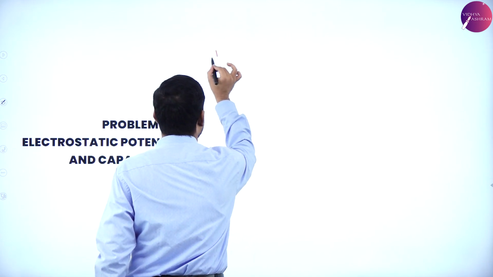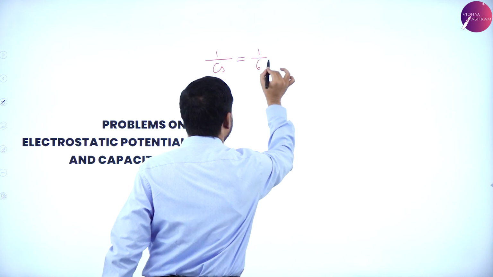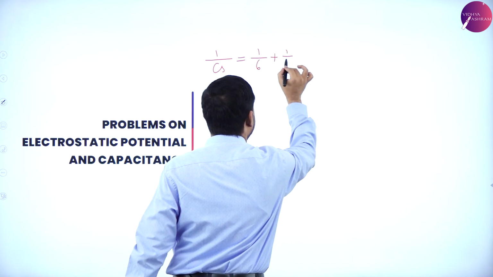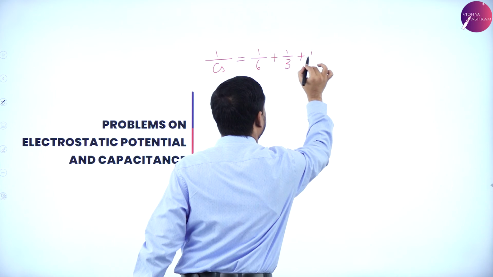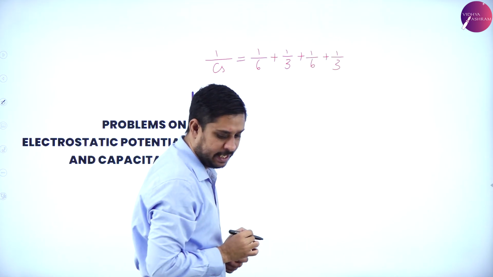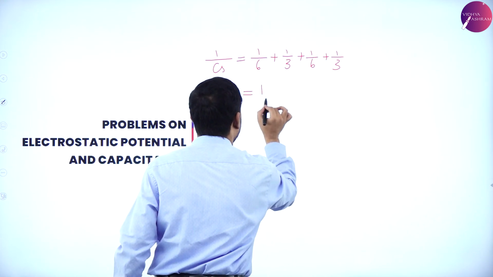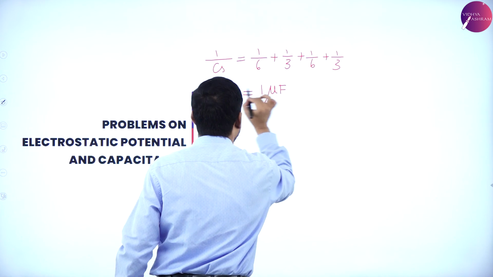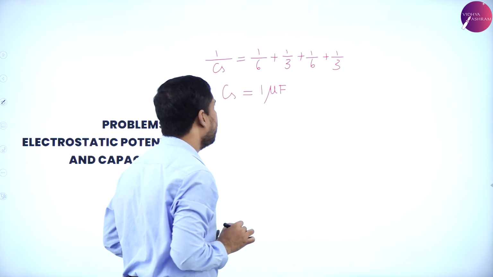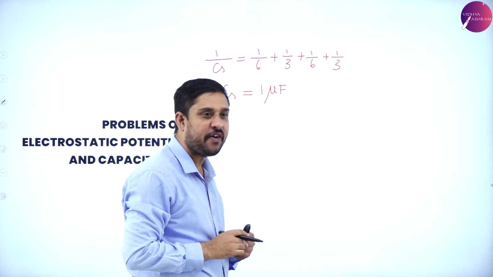So effective capacitance is 1 by 6 plus 1 by 3, plus 1 by 6, plus 1 by 3. We take the LCM, and the effective capacitance is 1 microfarad.